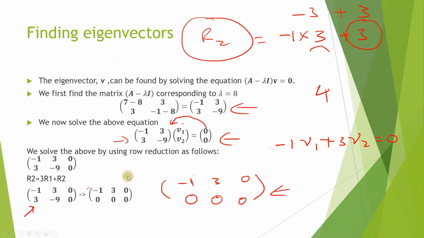So this is what you get in this equation here, because of course the next one is 0 times v1 plus 0 times v2 equal to 0. You don't have to solve this, you have to solve only the first one. So you understand why I've reduced this matrix to make life far more simple for solving it, all right?